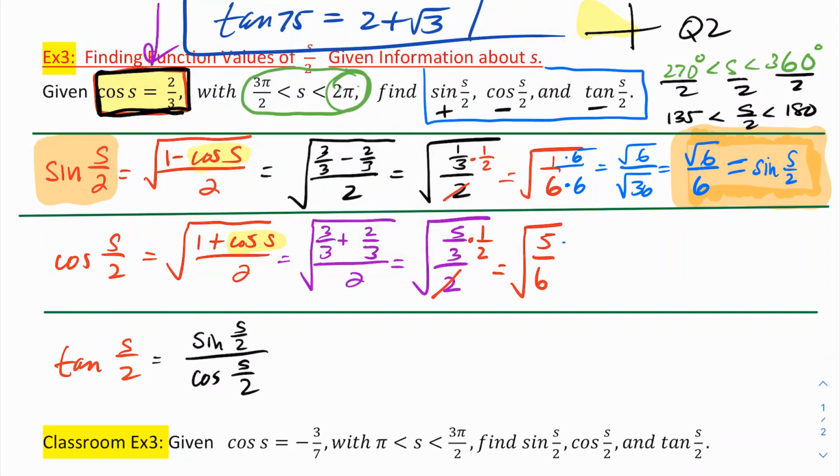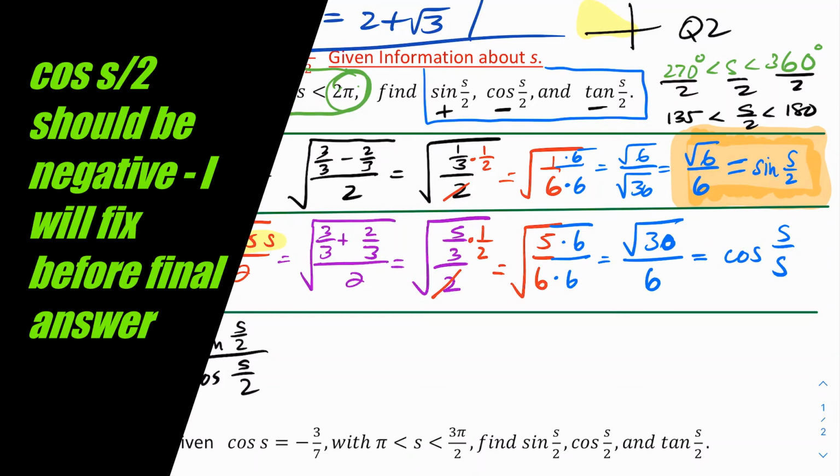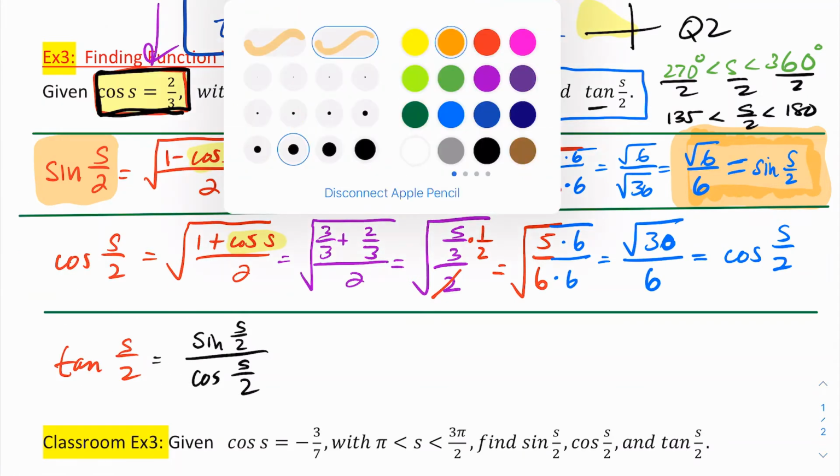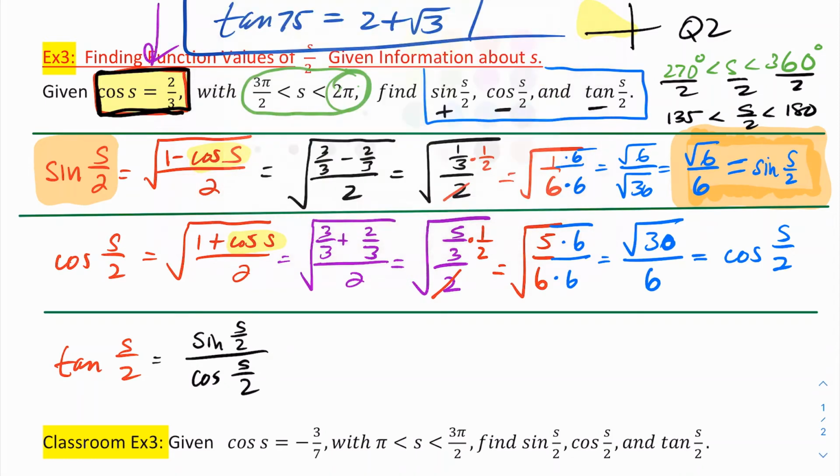And we'll multiply top and bottom by 6. That's inside the radical. So that's going to give us a square root of 30 over the square root of 36, so that's 6. And that's equal to cosine of s over 2. Not s over s, but s over 2. And I'll highlight that in green.